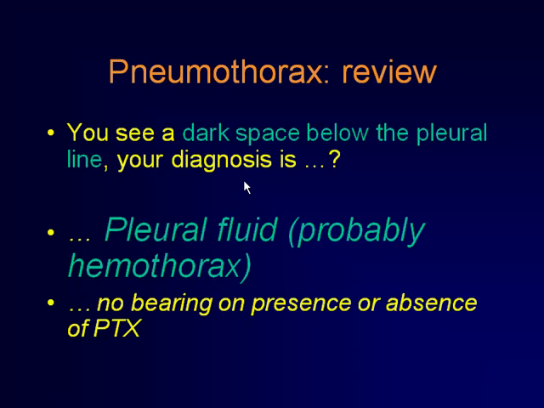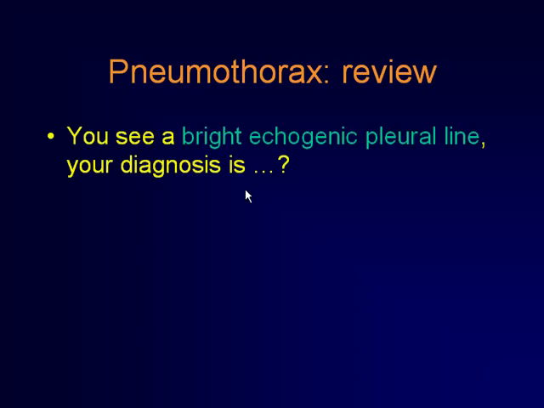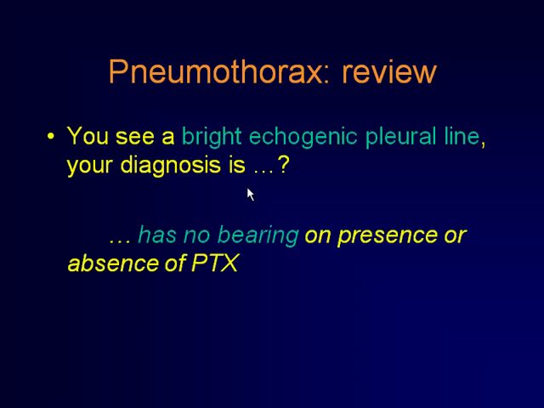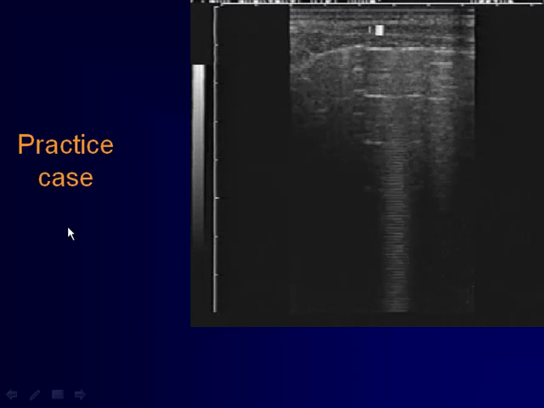Once again, the rest of the lung, especially the anterior space, should be checked for pleural sliding. A bright echogenic pleural line has no bearing on the presence or absence of pneumothorax, so that's not part of the evaluation. And here's a few cases just to review.